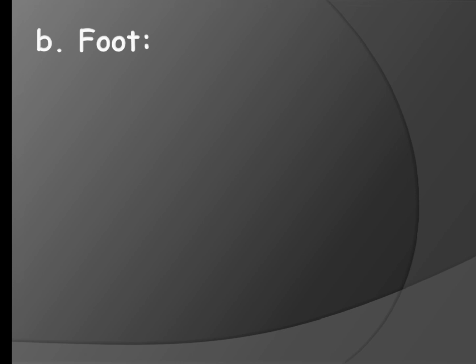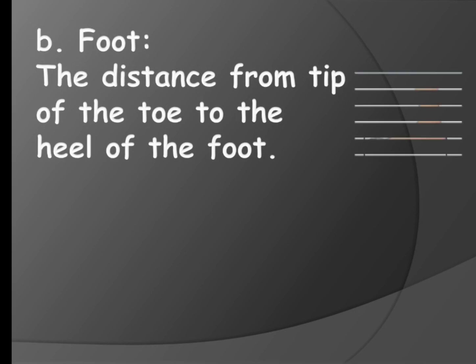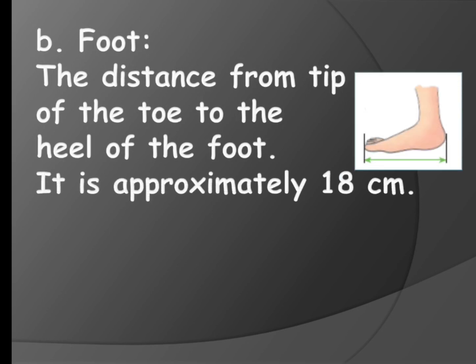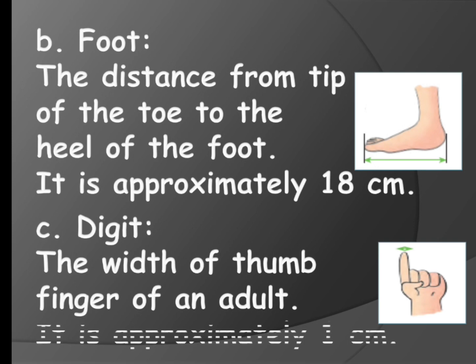Next, foot. So the distance from the tip of the toe to the heel of the foot. Okay, and it is approximately equal to 18 centimeters. So that you need to write. Okay, next you have digit. It is the width of the thumb of an adult, isn't it? So it is approximately equal to 1 centimeter, that you need to write.